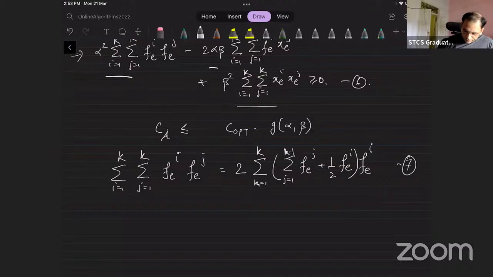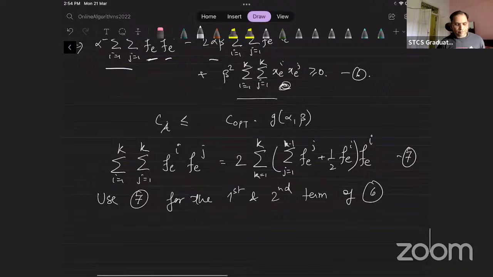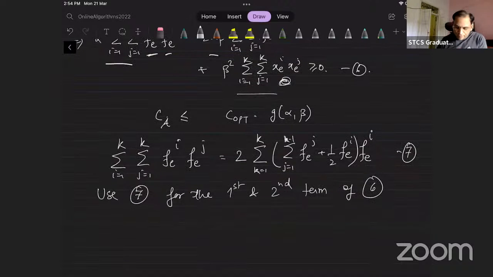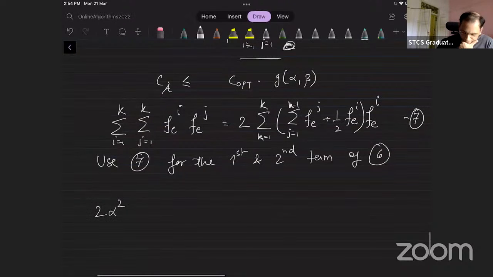So now we'll use 7 for the first and second term of 6, which is here. So this has some product of this kind, x_ei times x_ej. Similarly, this has a product of f_ei times f_ej. So that is what we want. What will we get? 2 times alpha square.